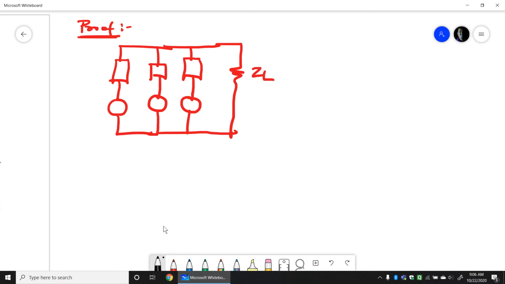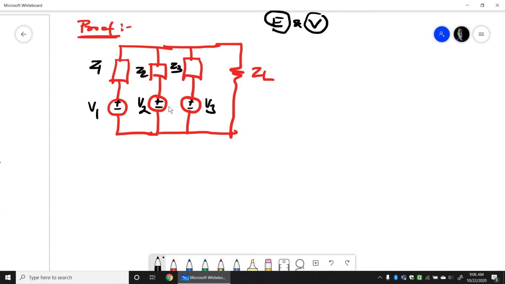So this is Z1, Z2, Z3, and this is V1, V2, V3. Anyway, E and V are the same, so sometimes we refer to E as voltage and we also write V as voltage.